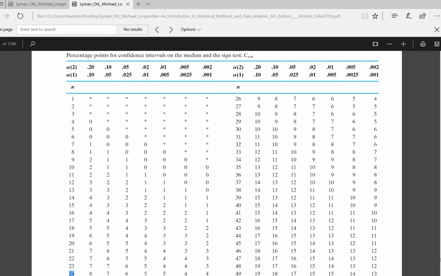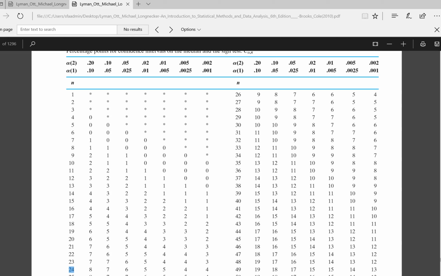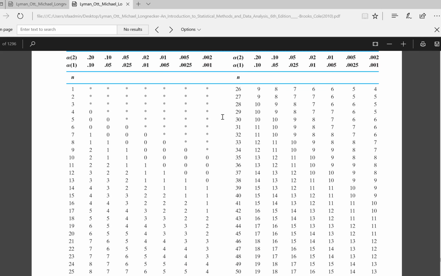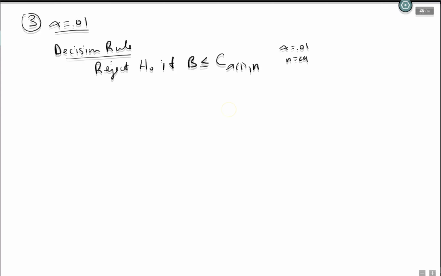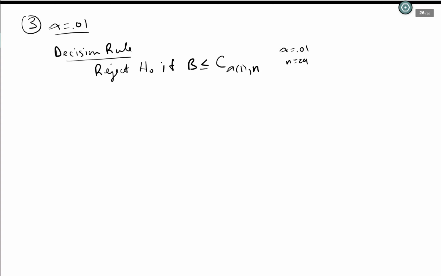Anyway, n is 24, and alpha is 0.01, so the value that I compare B to is 5 there. Okay, so going back to the notes, reject H naught if B is less than or equal to 5, and this is from table 4.